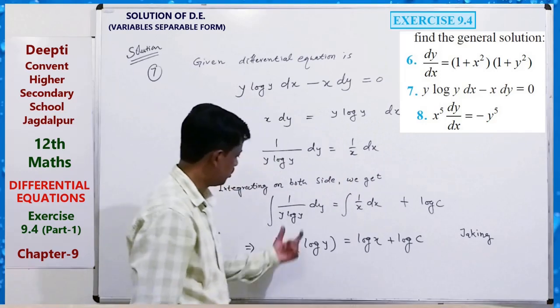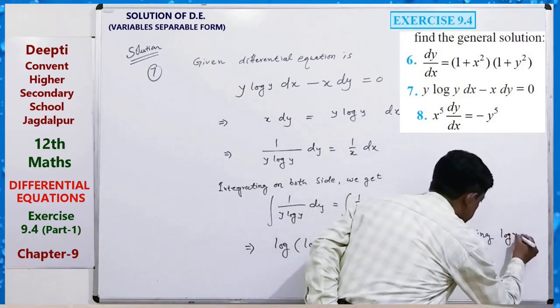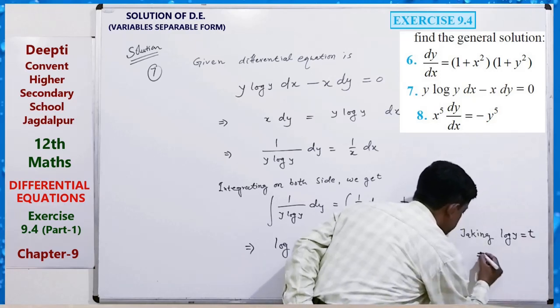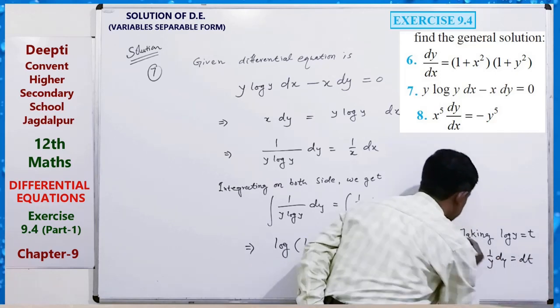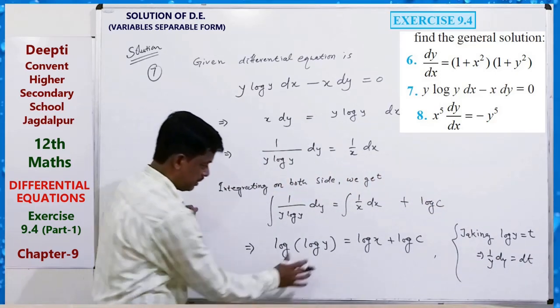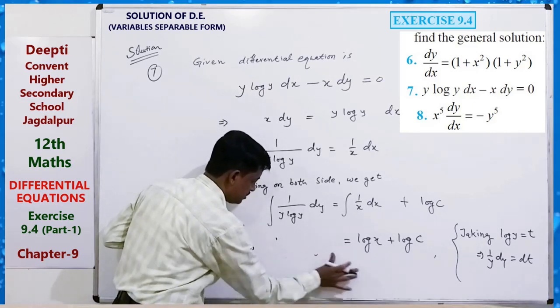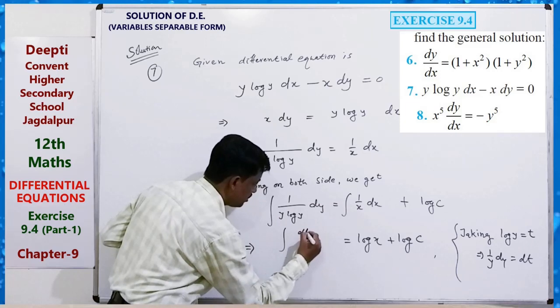Taking log y equals t implies 1 by y dy equals dt. So 1 upon y dy is dt upon t.